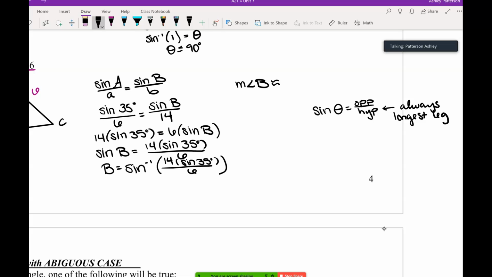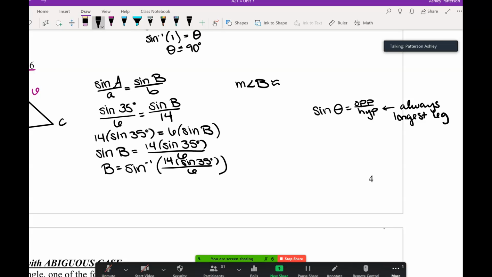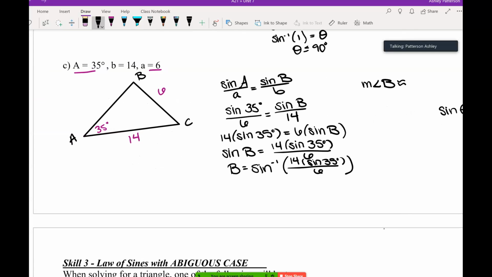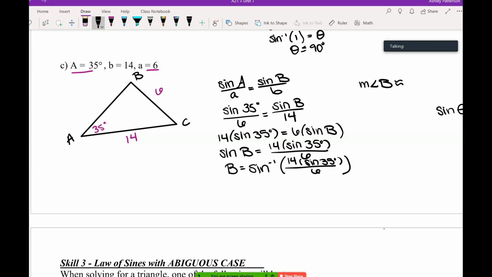If the denominator is always the biggest number, the longest side, oh no, good guess, Dean. Dean said 14, no. Just, huh? 6. No, good guess. Don't think about this triangle specifically, okay?